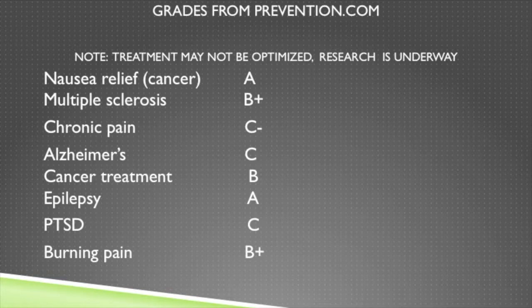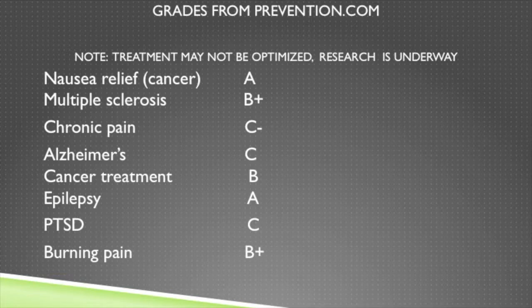So moving into the effectiveness of this drug, I found a note in prevention.com, which is sort of a populist magazine that refers to medical treatments, giving scores of the current use of cannabis for a number of indications. And these, of course, are due to change as people's use of the drug changes.